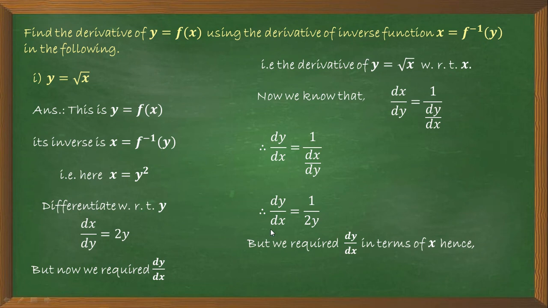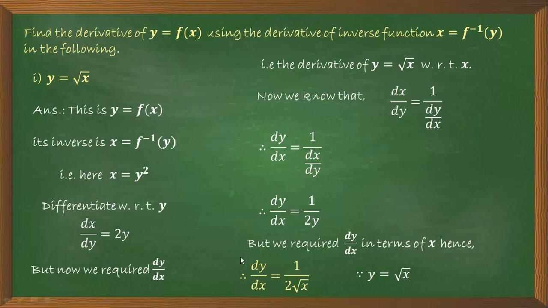Now we get dy by dx as 1 upon 2y by this relation, but actually we require dy by dx in terms of x, because the function is given in terms of x. So how will you convert it? dy by dx is equal to 1 upon 2 root x, because y is equal to root x. So this is our final answer.